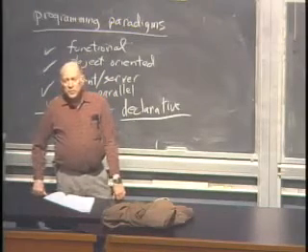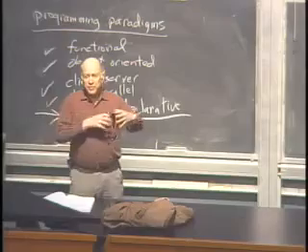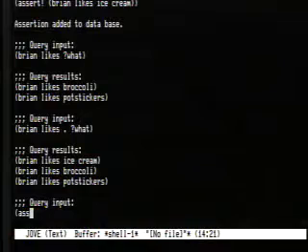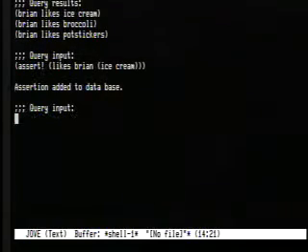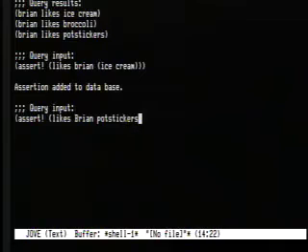Instead, what we do is that the first word of an assertion is going to be the relation, that is to say, the verb that explains how the different pieces are connected together. So I would say something like this: assert bang likes Brian, and then I'd put ice cream in parentheses here. And assert bang likes Brian pot stickers.